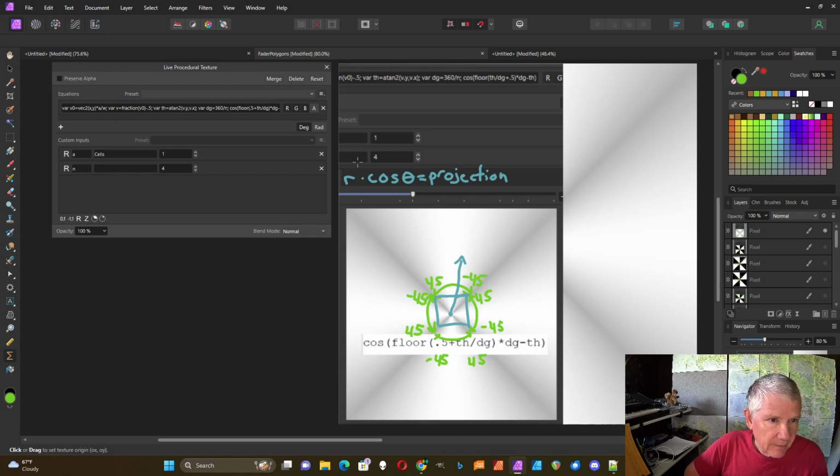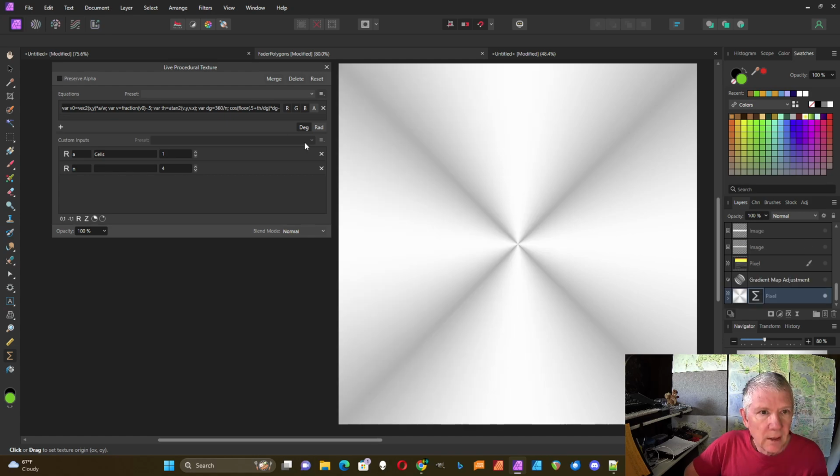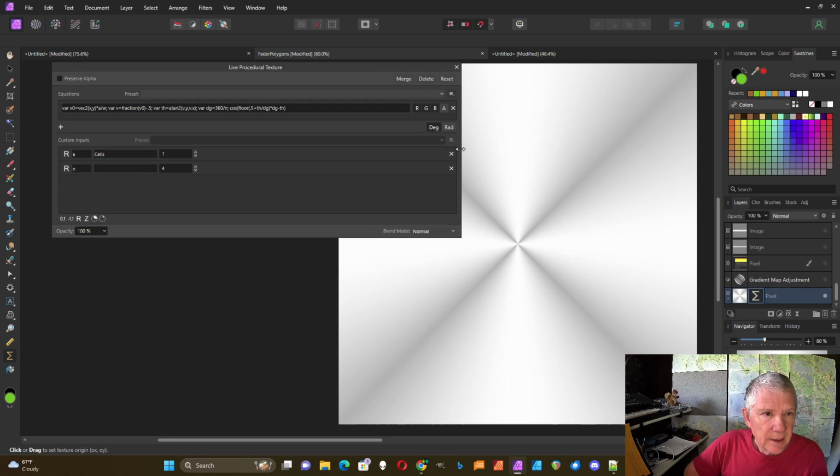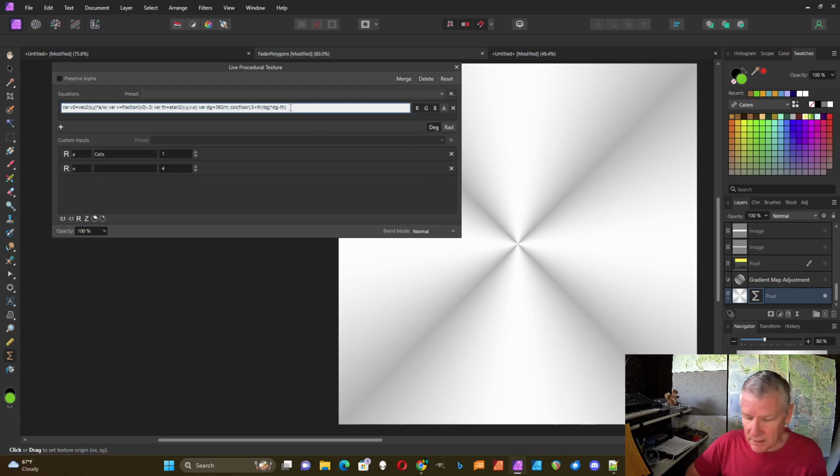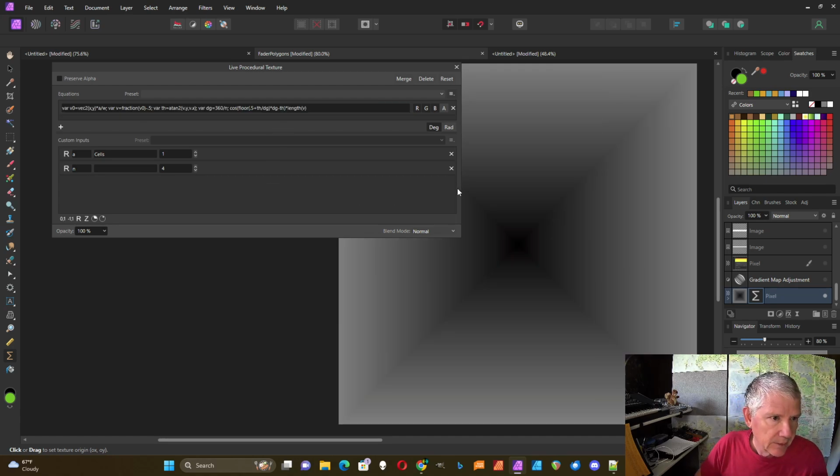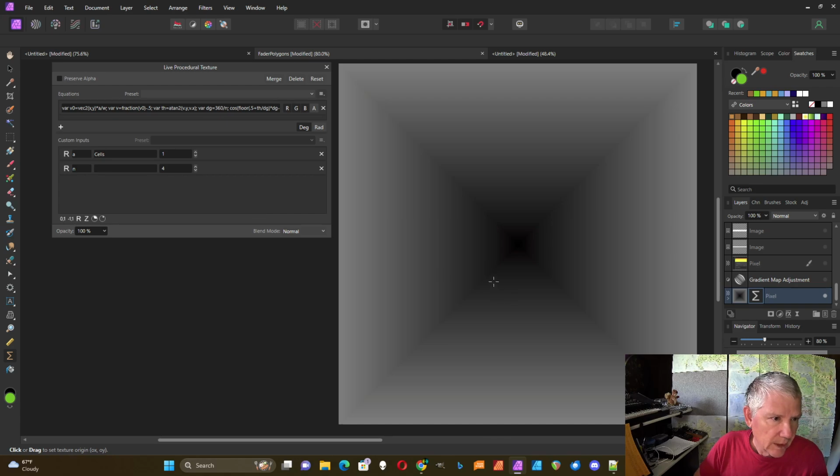So, but I've got to multiply by the radius. To get the radius, I use the length function to give me the radius of my vector, or of my xy space. So I multiply by length, and when I do, voila, it's turned into squares.